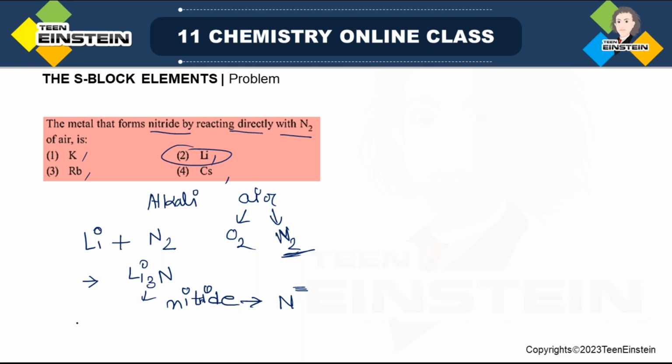If you simply dissociate it just for your clear understanding, it is basically 3Li plus N3 negative. Okay, nitride. Nitride means one single nitrogen carrying 3 negative charge. But rest of the elements, they are not reacting with nitrogen directly. There are some specific conditions required, not direct reaction.